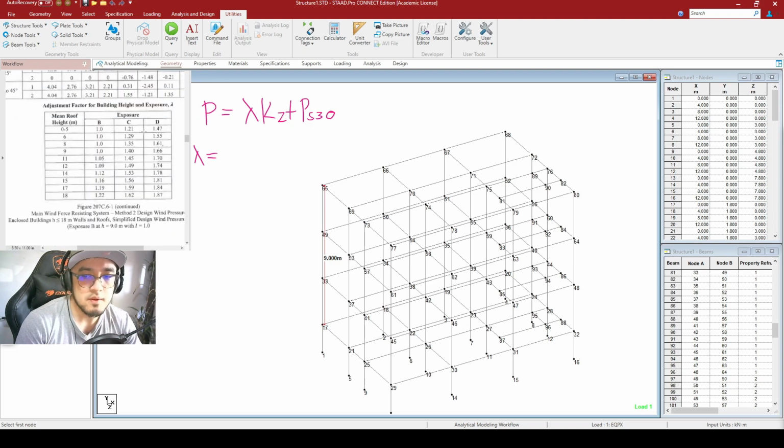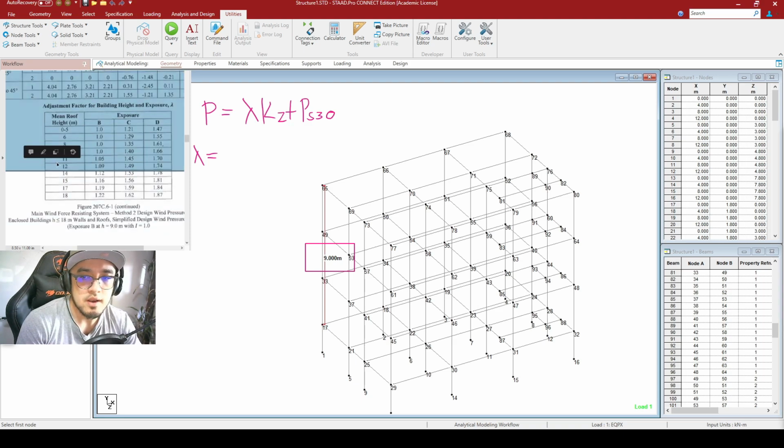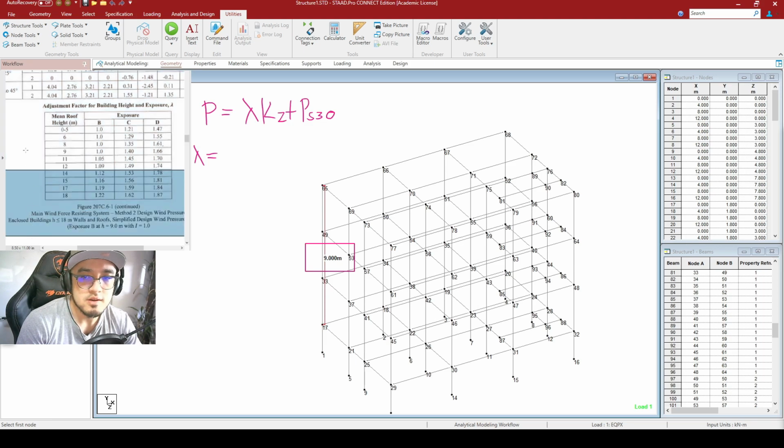So it is to be given by figure 207C.6-1 continued, the adjustment factor for the building height and exposure. So what is to be the height of our building? As you can see in this portion right here, it is to be 9 meters. So with such, guys, we would be making use of 9 meters.